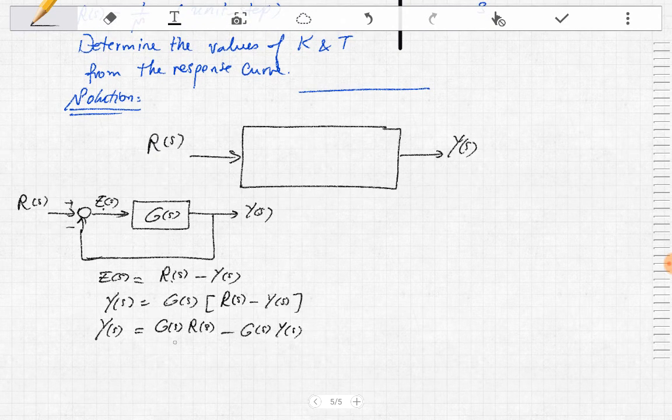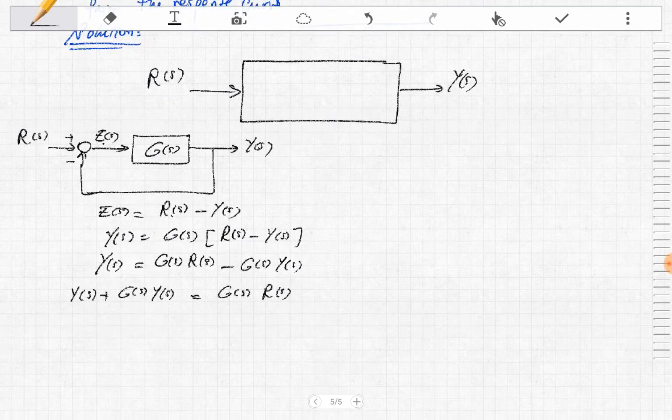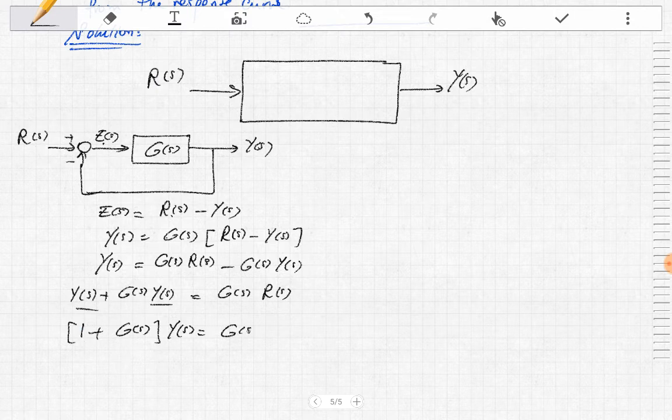Move this one to this side. So you have Y of s plus G of s Y of s equal to G of s R of s. Take Y of s as a common factor. So 1 plus G of s, times Y of s, is equal to G of s R of s.